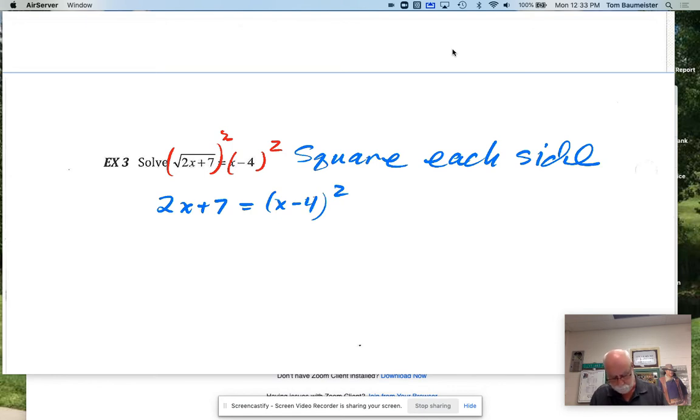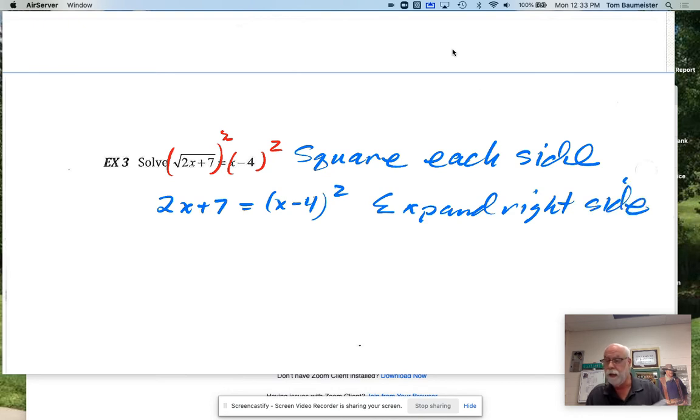So we have to expand the right side. Again, that is using the FOIL method or remembering.